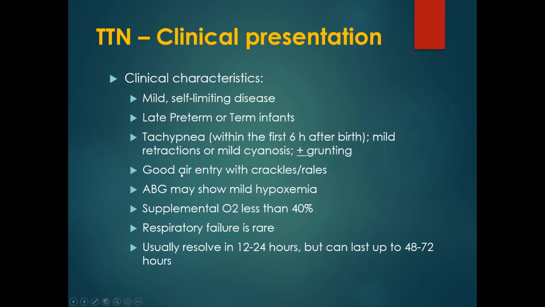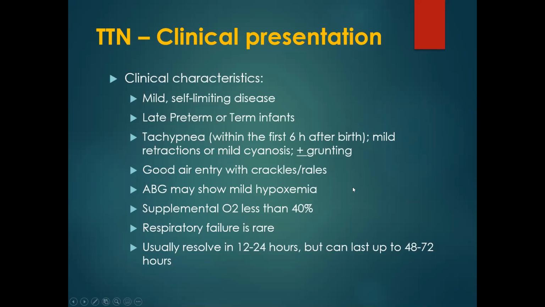You can still see good air entry because the anatomy is mature, but you hear crackles or rales as a result of this retention of fluid, okay? The ABG may show mild hypoxemia, and this may be from babies who present with mild cyanosis.